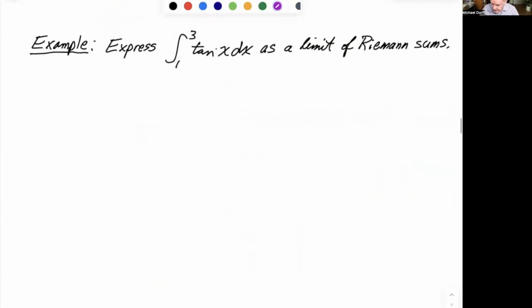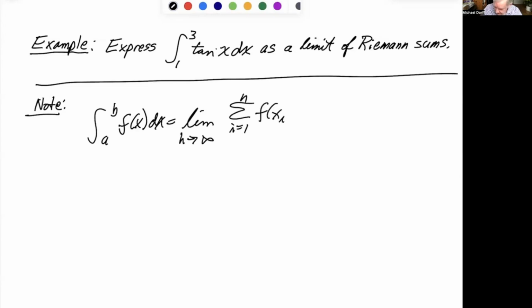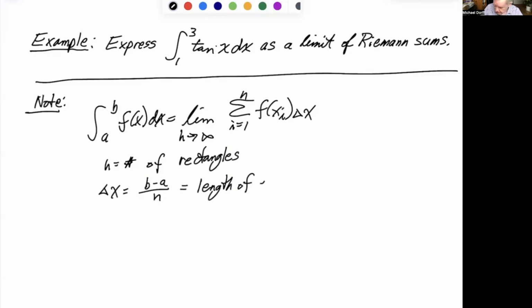Let's look at some examples here. When we did this integral from a to b of f of x dx, we said it was equal to the limit as n goes to infinity of the sum i equals 1 to n of f of x sub i delta x. There are some things here. n equals the number of rectangles, and delta x is b minus a over n, which is the base of each rectangle.